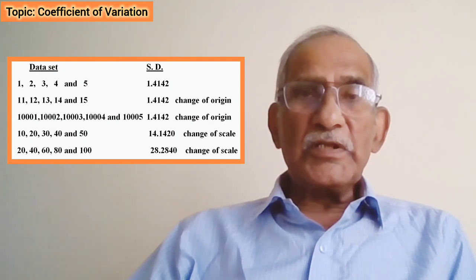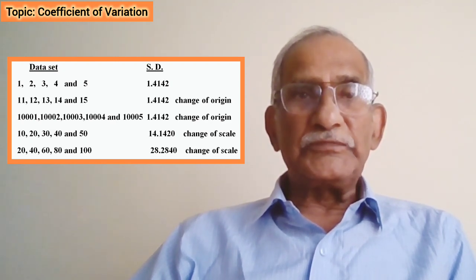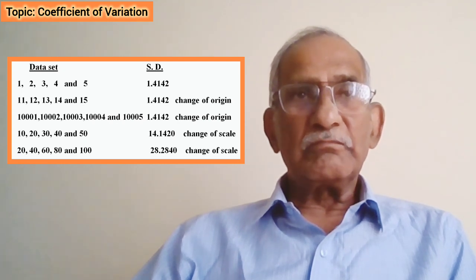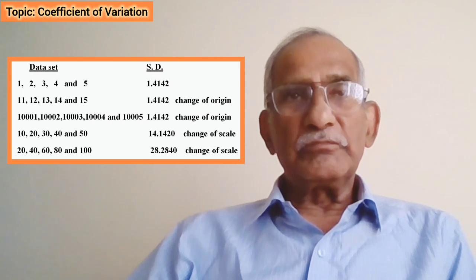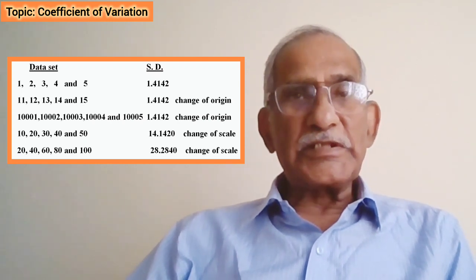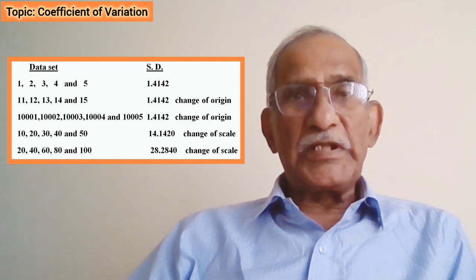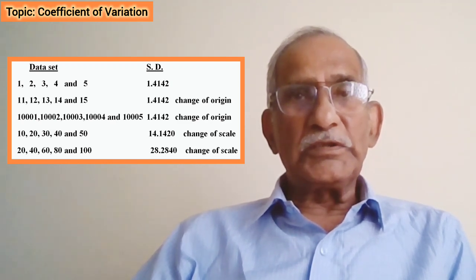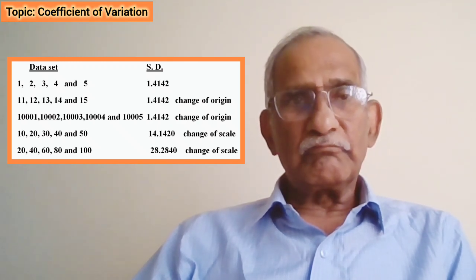The standard deviation of the data set 11, 12, 13, 14, and 15 is also 1.4142 because here change of origin has been made. A constant value 10 has been added to all the values in the data set 1, 2, 3, 4, and 5.